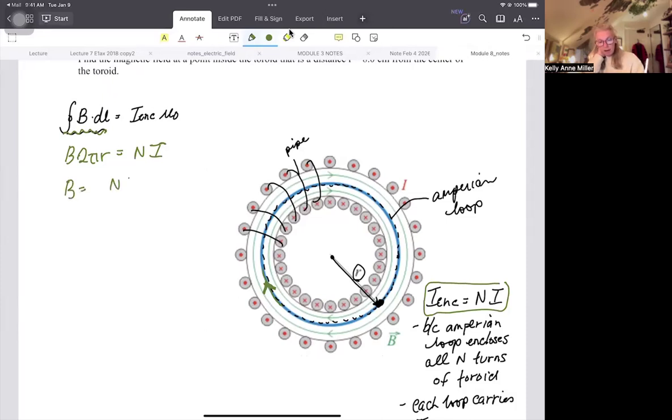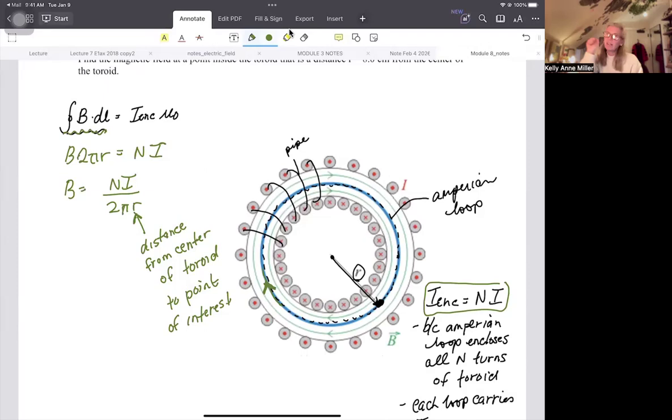So I just solved for B. That's N I over 2 pi r, where r is how far you are, the distance from the center of the toroid to the point of interest.